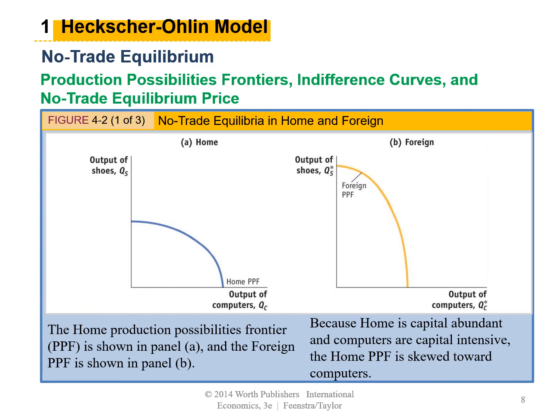So as it says there, to repeat, the home country is capital abundant and production of computers is a capital intensive operation. Therefore, the home production possibility frontier is skewed toward the production of computers.